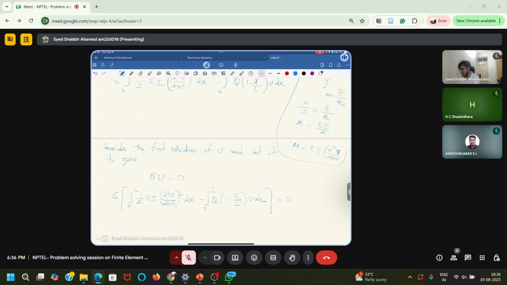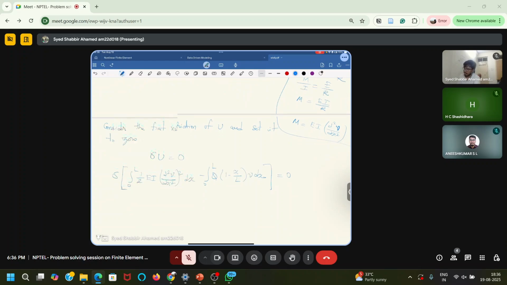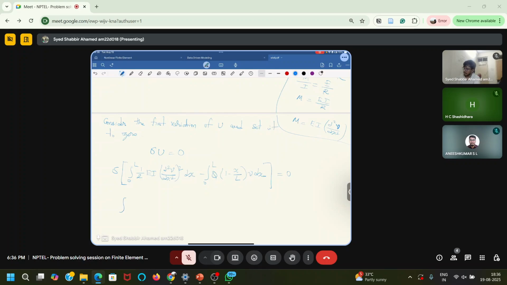Now I will apply this variation over this whole U. Because V is the primary variable, we want to apply variation with respect to that.